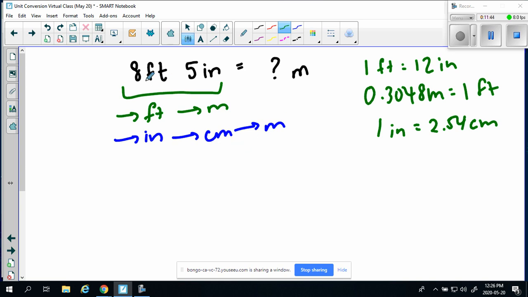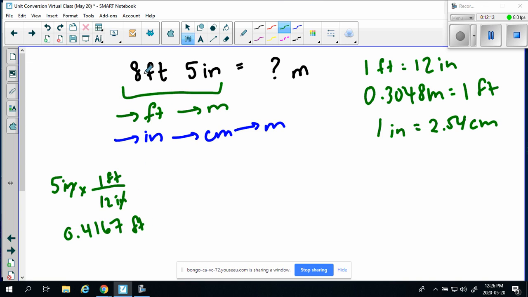So if I want to convert this entire thing into feet, and you understand that 5 inches is a fraction of a foot, so I want to convert that 5 inches into feet. So there's 12 inches in a foot. So what you have then is 5 divided by 12, which is 0.4167. I'm just going to keep 4 decimal places. Feet.